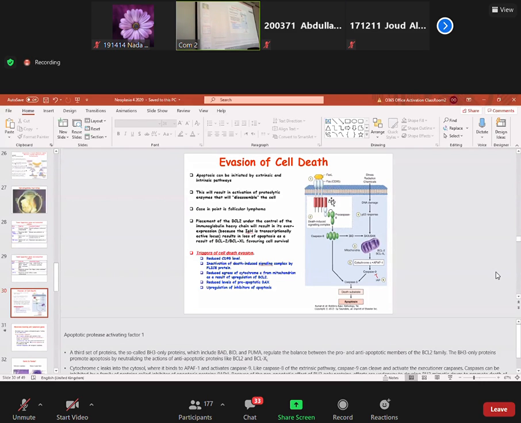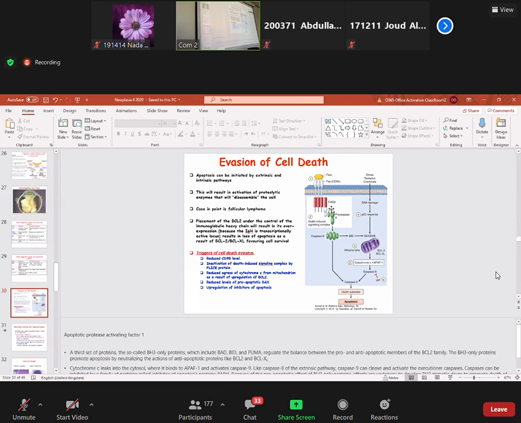As a result, all the signaling may not happen. When the cell has less of the death receptor, it is simply telling the ligand, go away, I'm not interested in dying. And the signal through this exogenous process is not going to happen because you have less of the CD95 receptor.